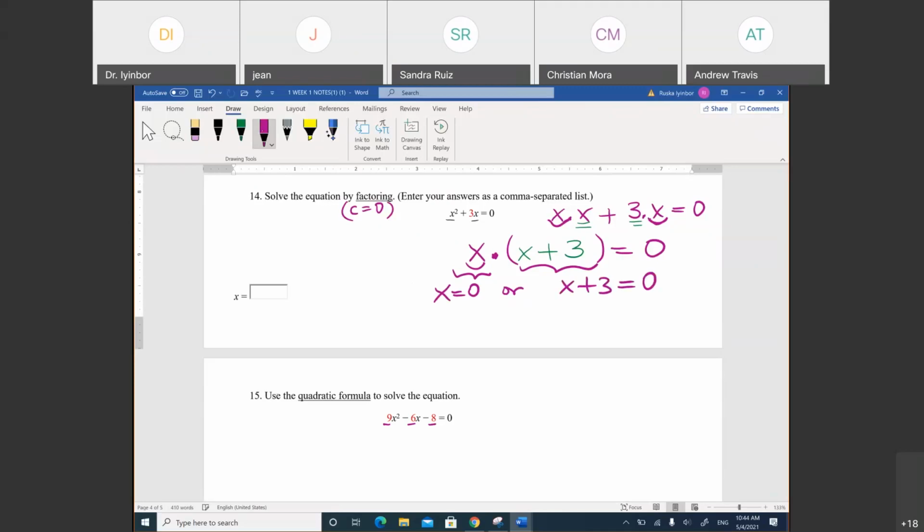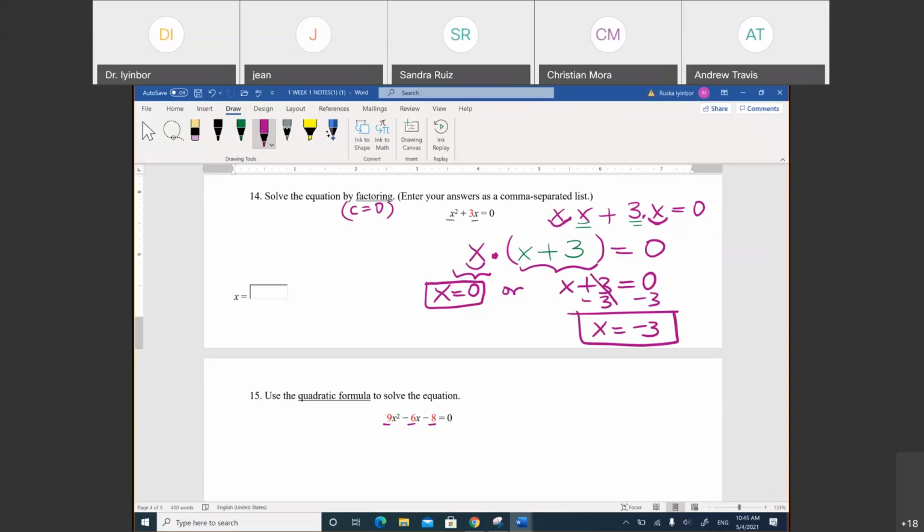If one of those is 0, when you multiply by any number, it's going to be 0. So the first one is already solved. x equals 0 is one of the solutions. When I subtract 3 in the other one, I get my second answer, x equals -3.